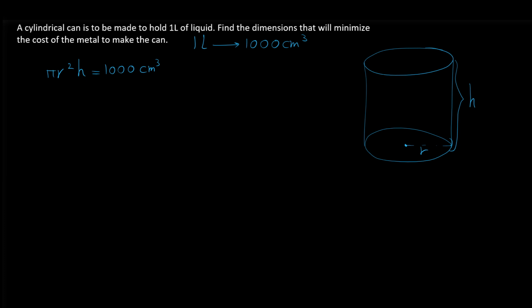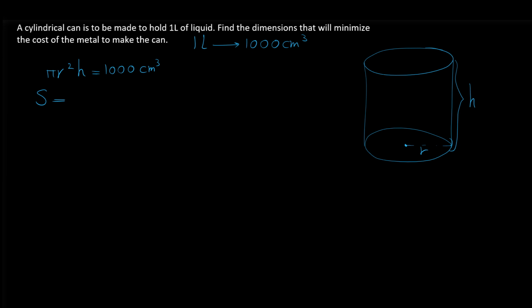We want to minimize the surface area of this can. The surface area of a can is the area of the bottom and the top of the can, plus the side. The bottom of the can is a circle and the top of the can is also a circle. So we have to find the area of each circle and double it because it has the bottom and the top.